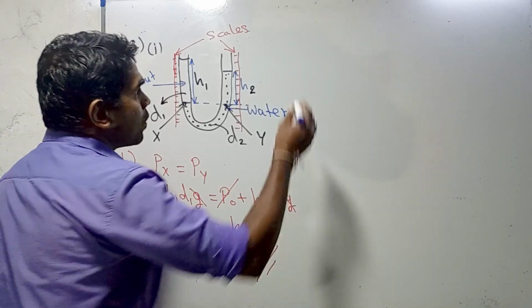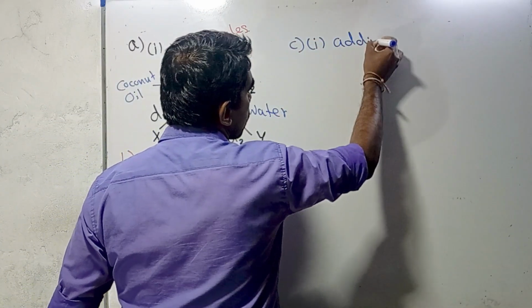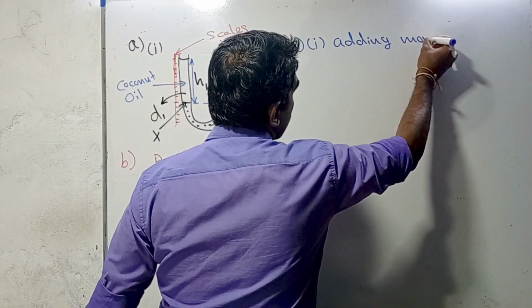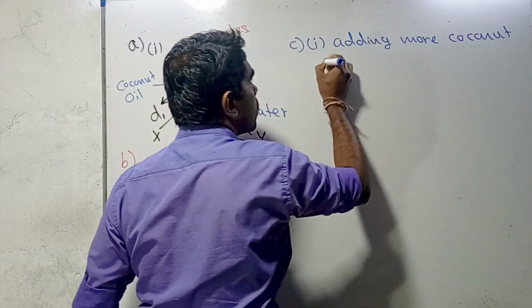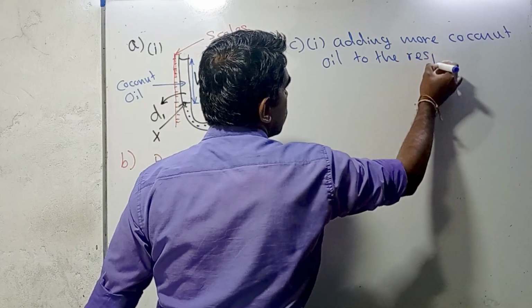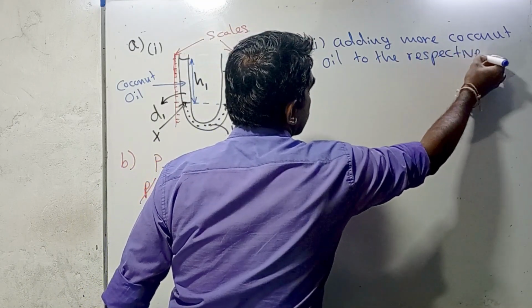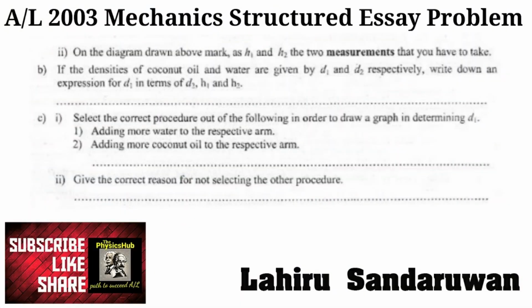Then we can write the answer for C part 1: adding more coconut oil to the respective arm. Then part 2, give the correct reason for not selecting the other procedure.